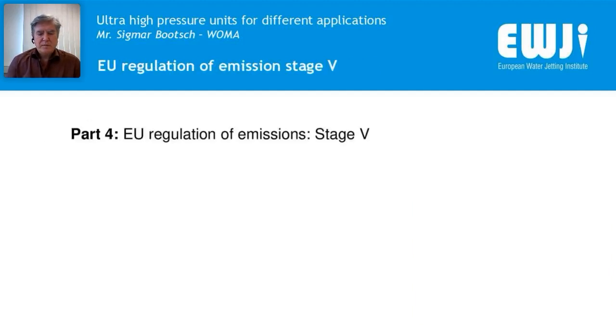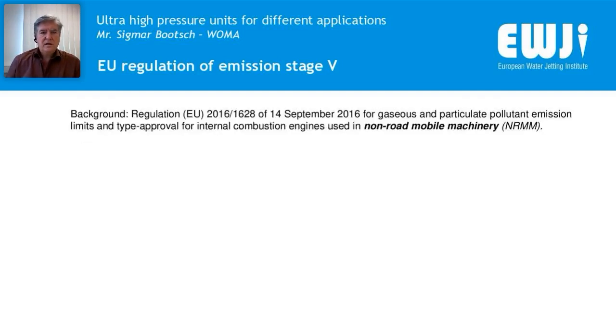The last part of my presentation is the regulation of emission stage 5. Since 1996, the introduction of stage 1, the European Commission has proposed the world's toughest emission standards for non-road mobile machinery, called NRMM, such as construction equipment, for example.